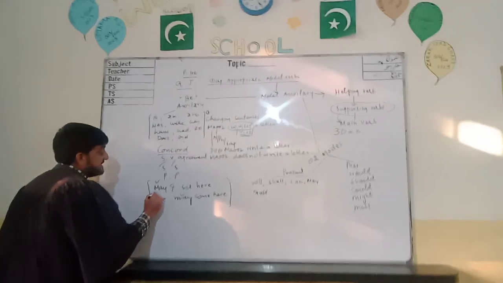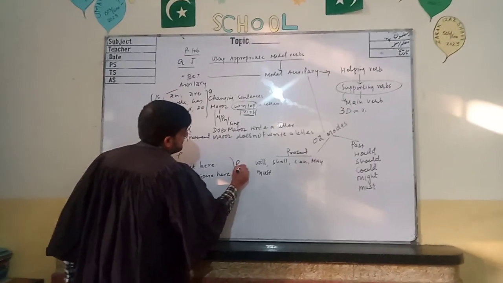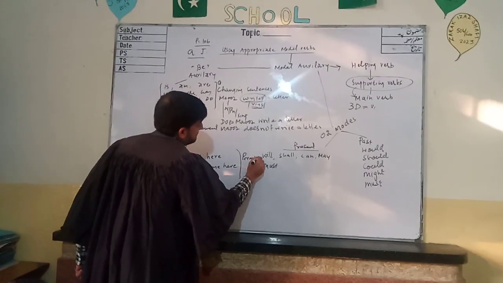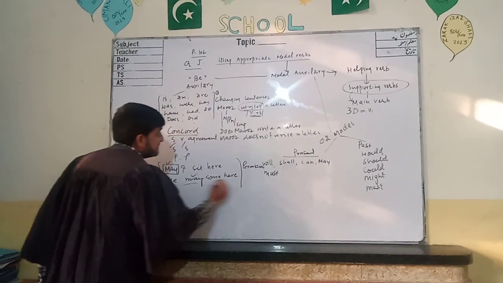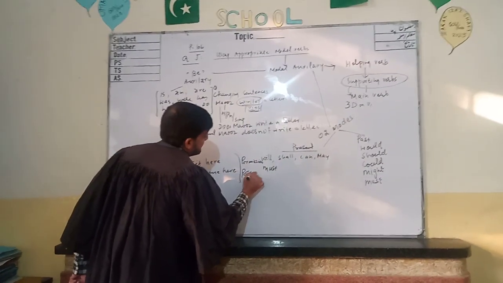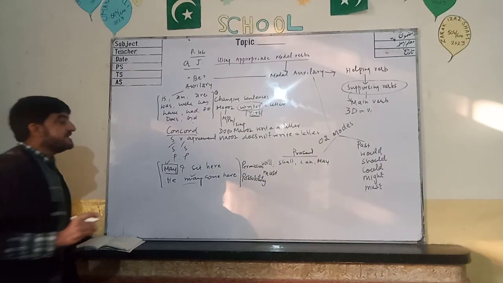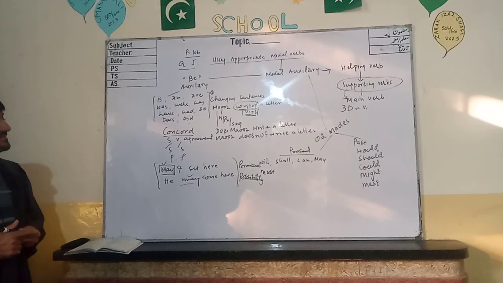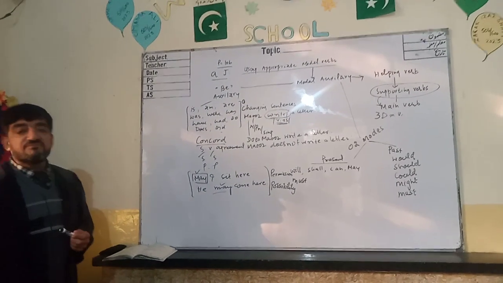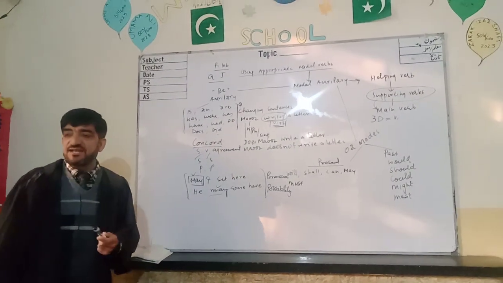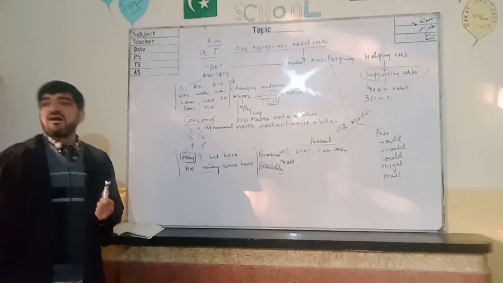But in sentence one, this may is used for permission. In the other, it is used for possibility. So those modal verbs which perform more than one action in a sentence are called modal auxiliary.